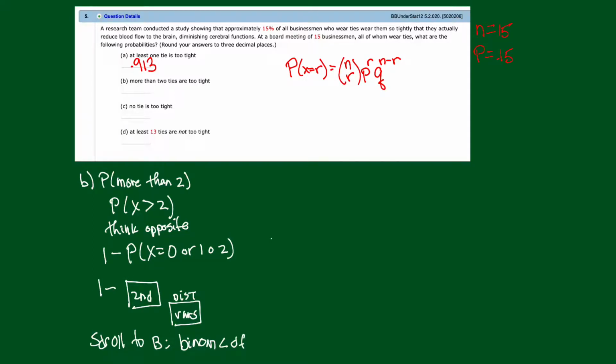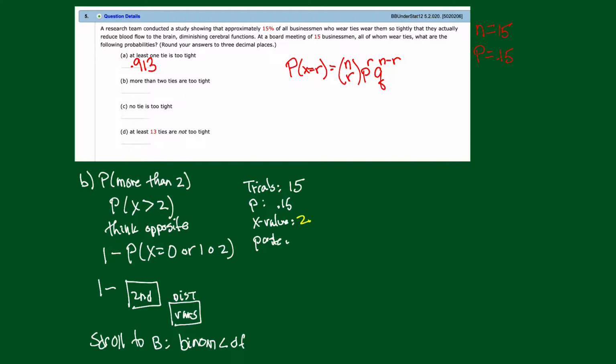Now the last time we did it for PDF, we had a P for precisely one value. Now we have a C for accumulation of values, a cumulative score here. When you have more than one value, you want the CDF. When you press B to select binom CDF, you get trials; type in 15, because we have 15 businessmen. P, probability of success on a single trial, is still 0.15.